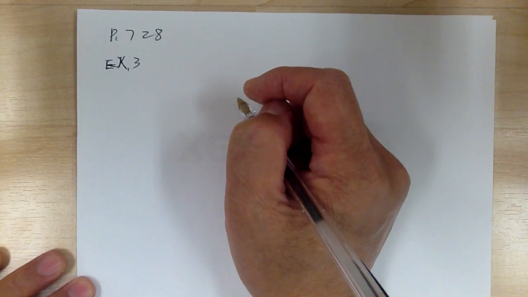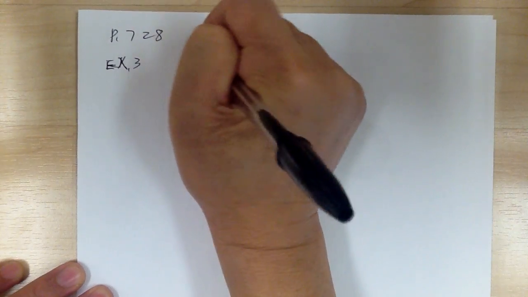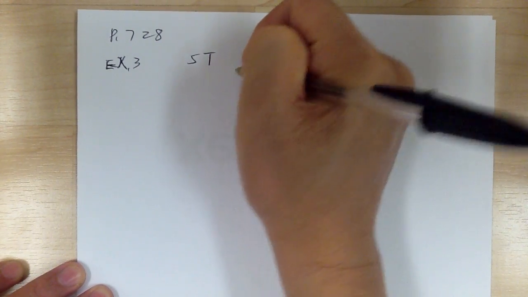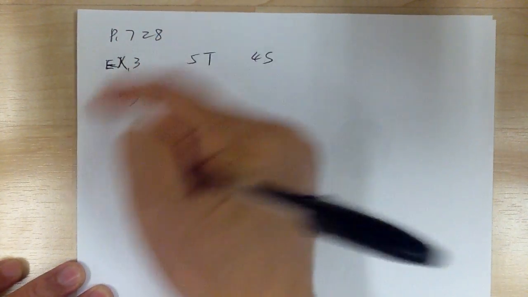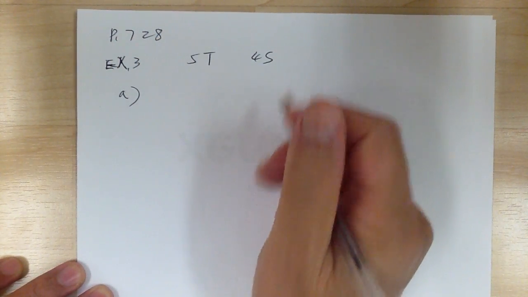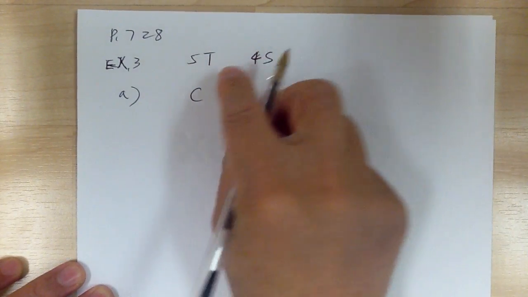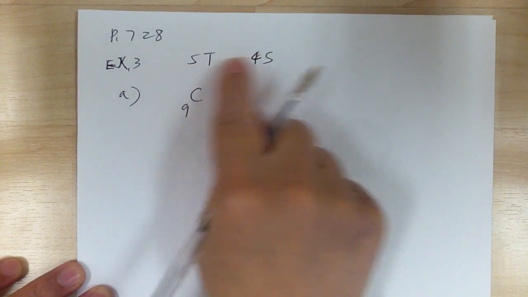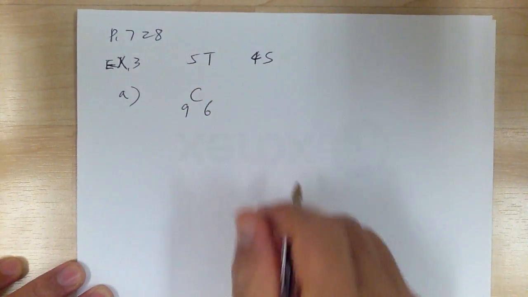So over here, example 3, how many ways can a committee of 6 be chosen from 5 teachers and 4 students, if all are equally eligible. So there are a total of 9 people, and you want to choose 6.